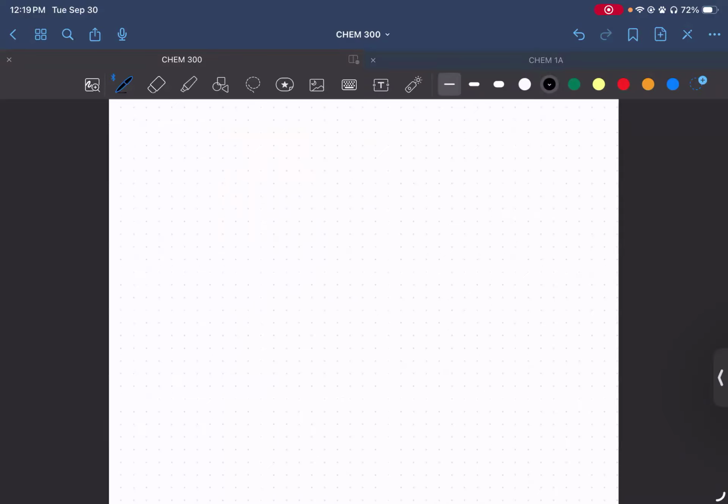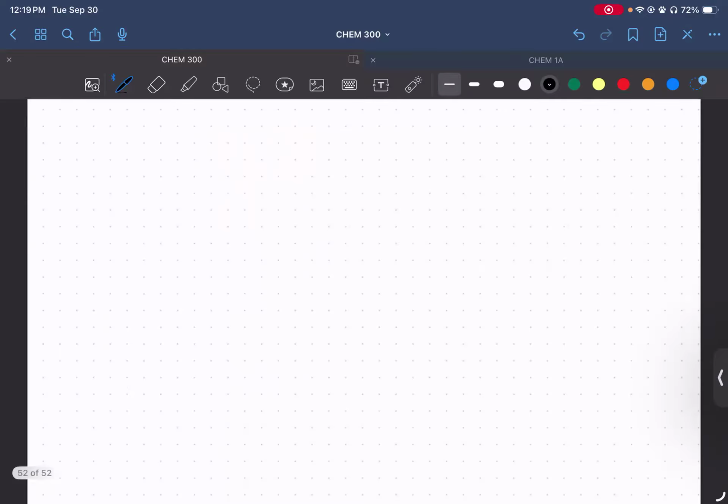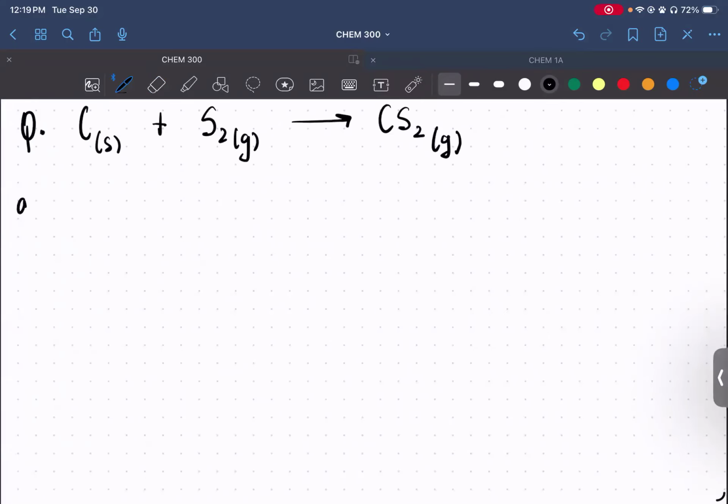Let's try a new question. Based on the following reaction, this is the reaction between carbon and sulfur, which results in the product CS2, which is also a gas. The question is simple.